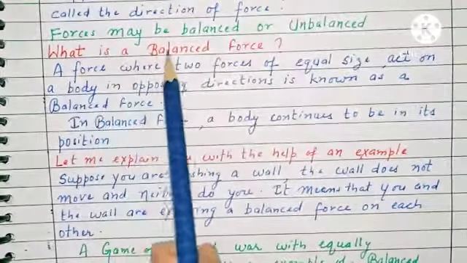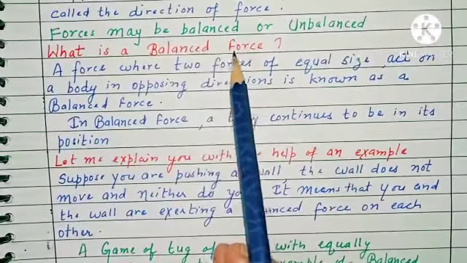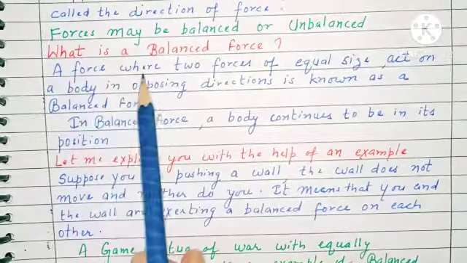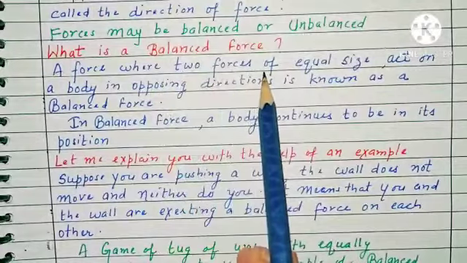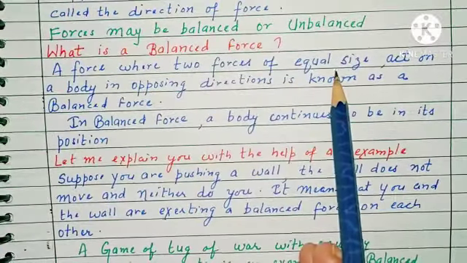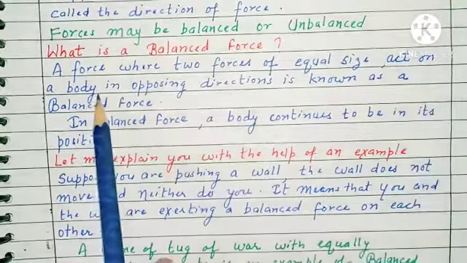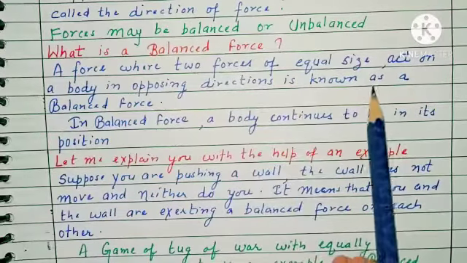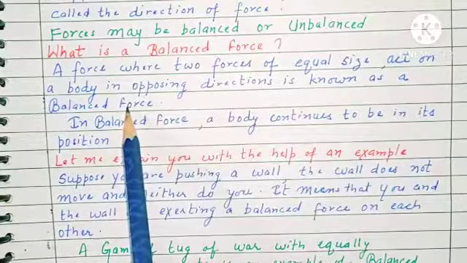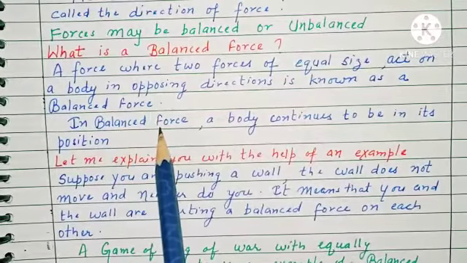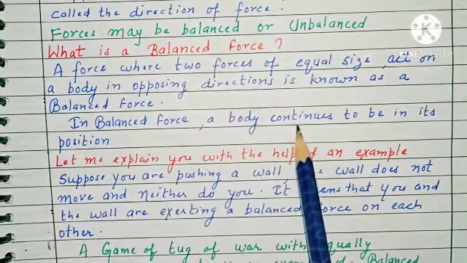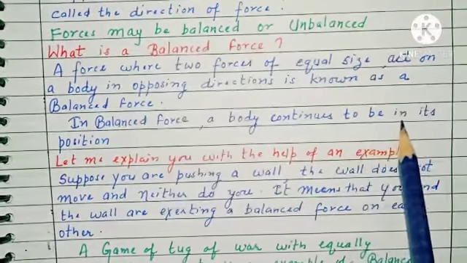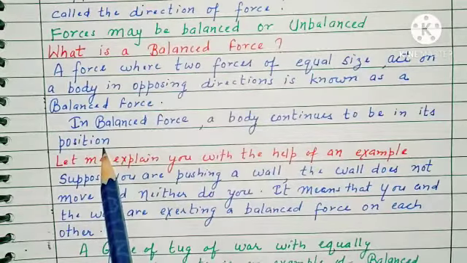What is a balanced force? A force where two forces of equal size act on a body in opposing directions is known as a balanced force. In balanced force, a body continues to be in its position.